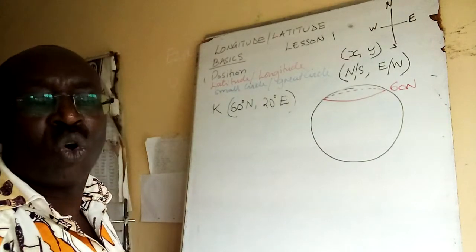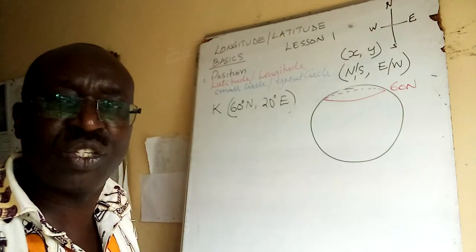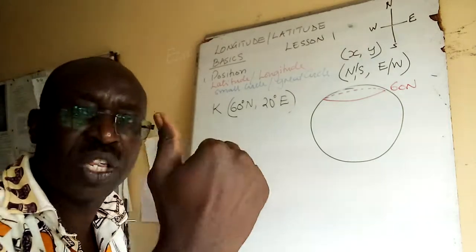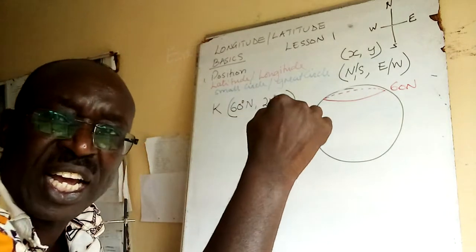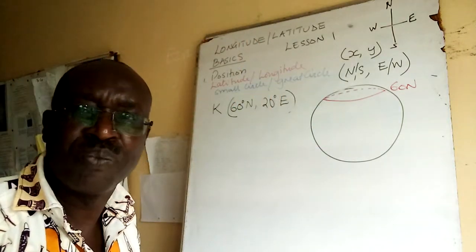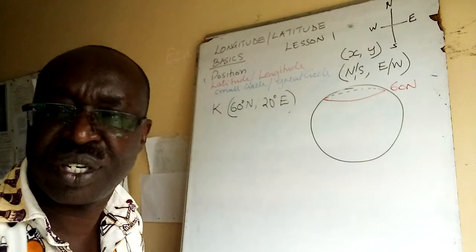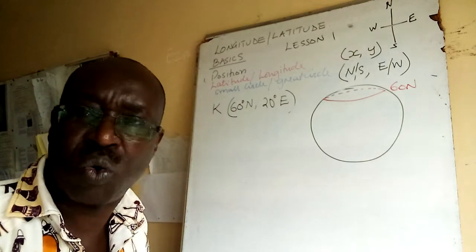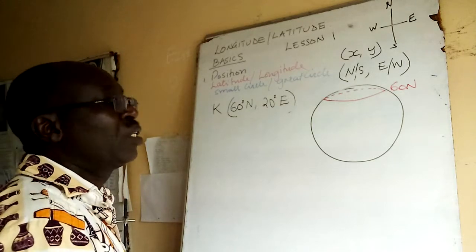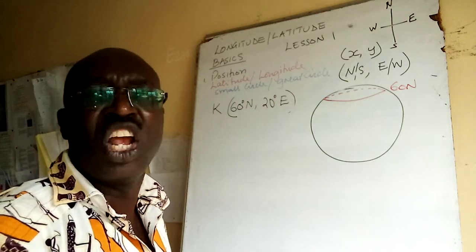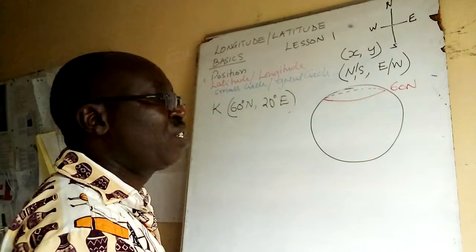We know the latitude 60 north is on the northern hemisphere, the upper side. So you draw that circle with the hidden part, because it's a circle. Then I also need the longitude 20 east.